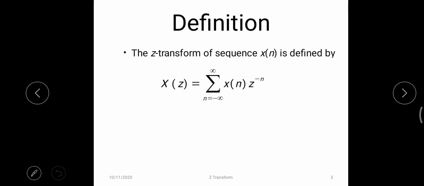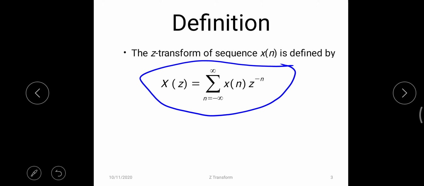Okay, now your Z transform is defined as X of z is equal to summation n is equal to minus infinity to plus infinity x of n z power minus n. Okay, where z is equal to r into e power minus j omega.